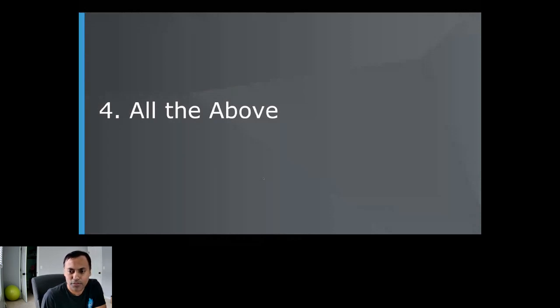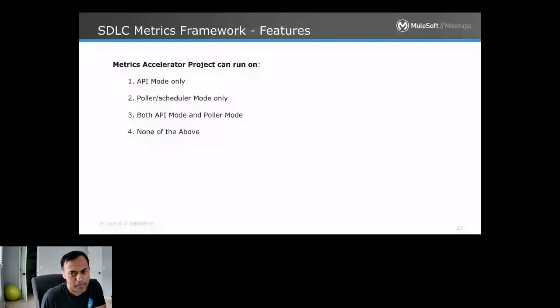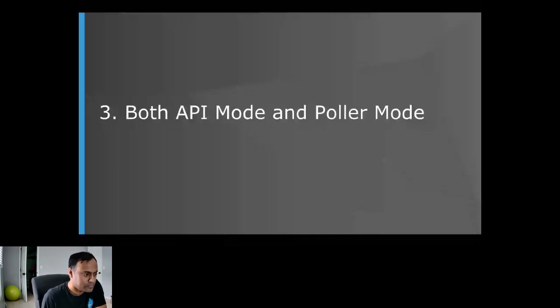And yeah, we close it out again. Akshay got it right the first time. Everybody got it right, but Akshay got it first. So it goes to Akshay for the third one. So both API mode and polar mode is the answer.